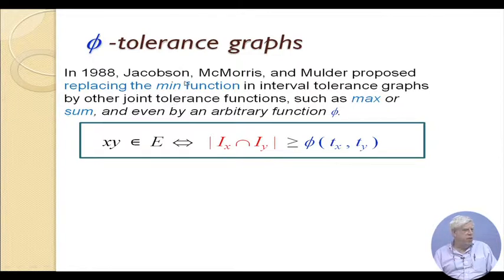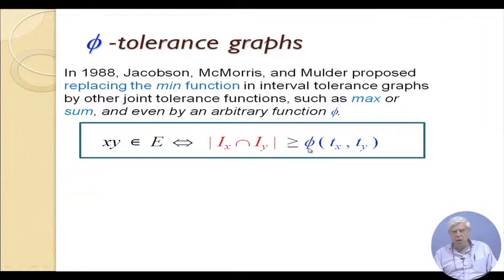So in '88, Jameson and McMorris and Mulder proposed replacing the min function in our interval tolerance graphs by other functions, such as max or sum or an arbitrary phi. Take a look at what's in the box here. It looks like that box that I had for interval tolerance. That is, you have an edge if and only if the size of the intersection of the two intervals is greater than or equal to some function phi of the tolerances.